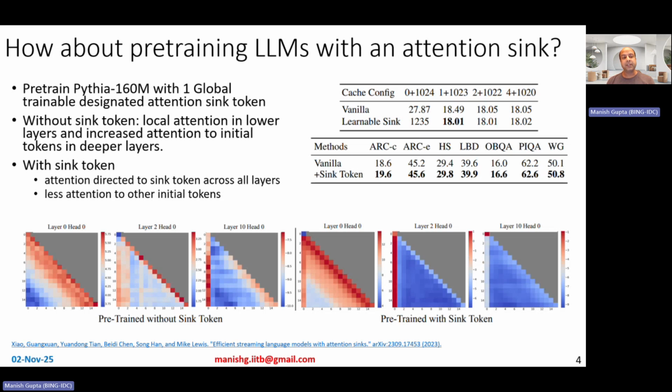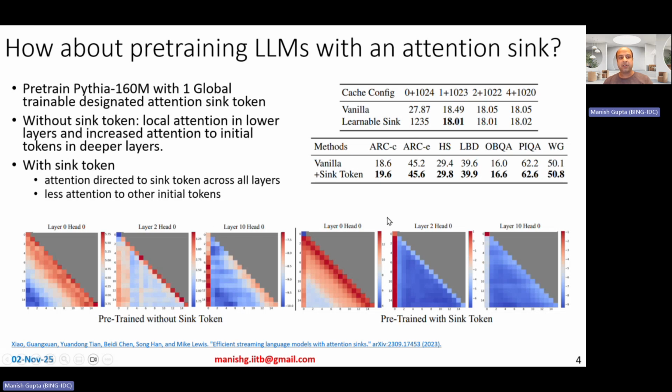Okay. And when you do this, what you observe is, if you pre-train without the sync token versus with the sync token: without the sync token, a huge lot of local attention is observed in the lower layers, so this is layer 0, layer 2. But as you go to higher layers, you observe a highly increased attention to the initial tokens in deeper layers, in layer 10 and so on.